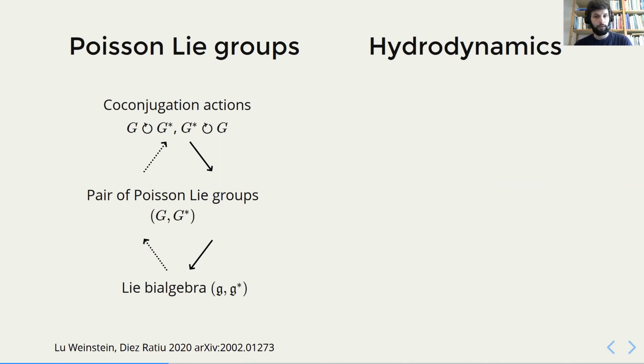And there's a derivative procedure, or rather the integration procedure, which uses what are called the dressing transformations. So you get a certain flow on the Lie groups, and you can integrate them to an action under certain conditions, for example, if this flow is defined for all times.